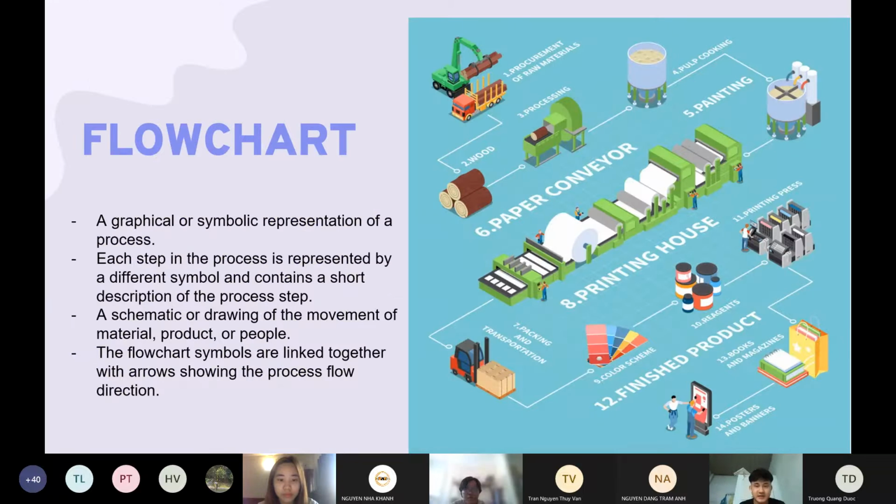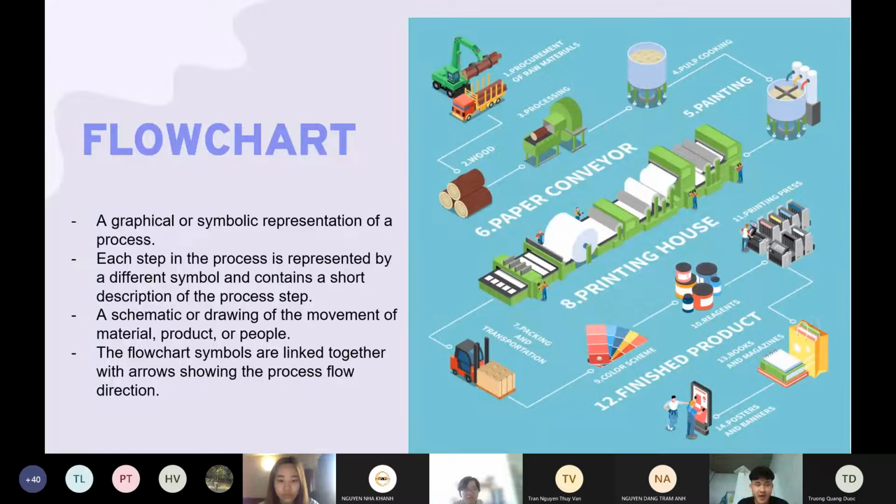The first is the flowchart, which is a schematic or drawing of the movement of material, product, or people. It is a graphical or symbolic representation of the process, and each step in the process is represented by a different symbol and contains a short description of the process step.